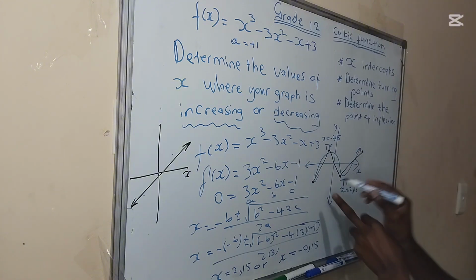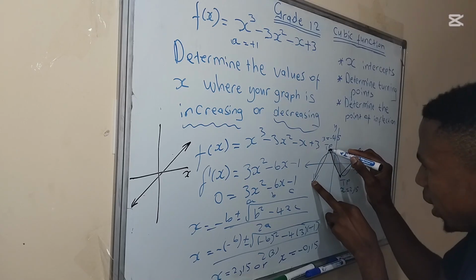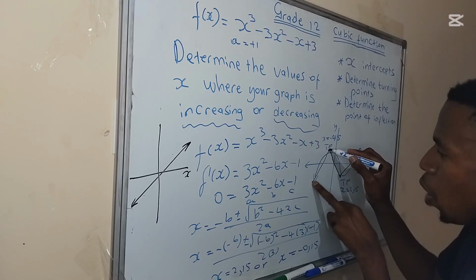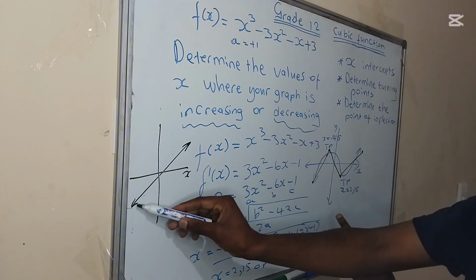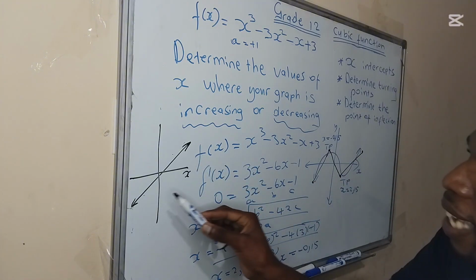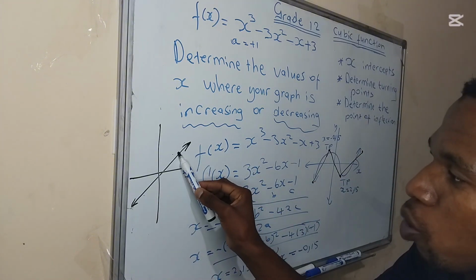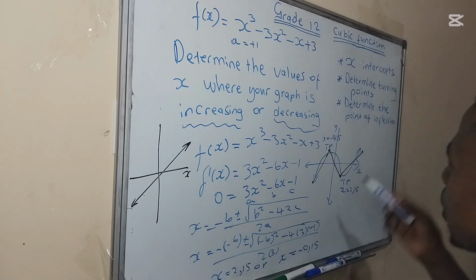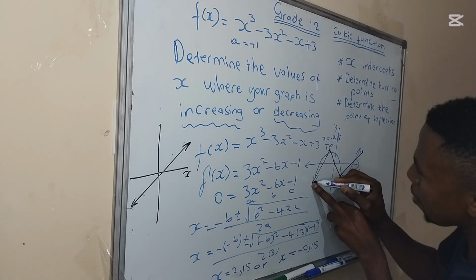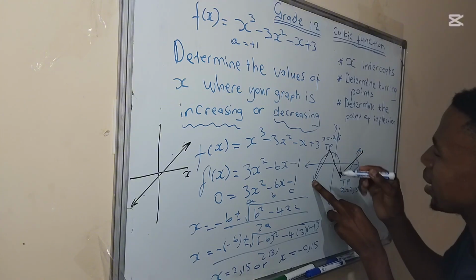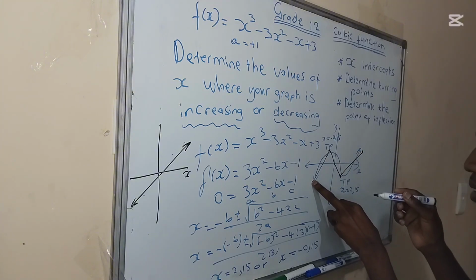So from this point to this point we have a straight line with a positive gradient, like the straight line that appears in the first quadrant and also in the third quadrant, meaning that this function from this point to this point is increasing, right?